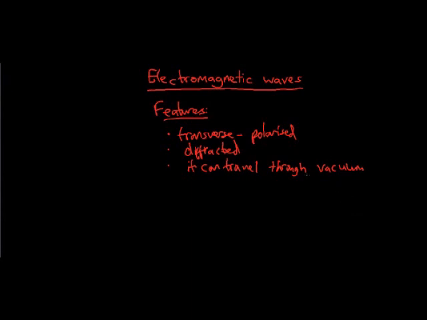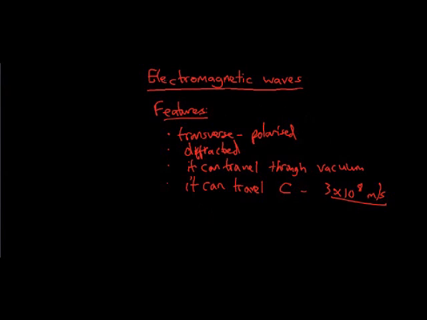And its medium is the electric fields and magnetic fields it goes from. We'll talk about that in a minute. And when it's in a vacuum, it can travel at the speed of light, which is denoted c, and it is 3 times 10 to the 8 meters per second. Okay, so these are the main features of it.